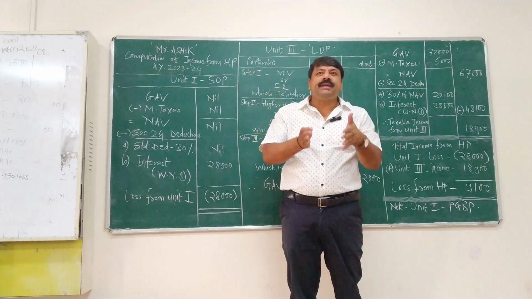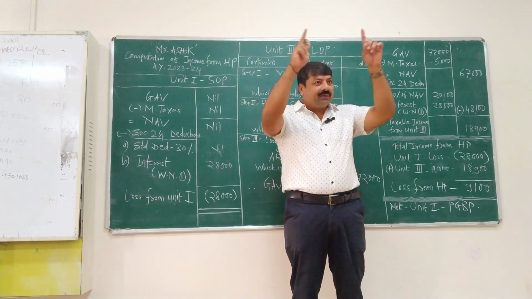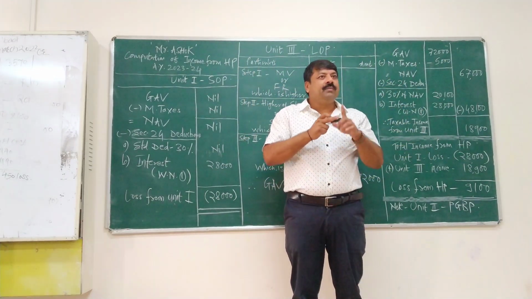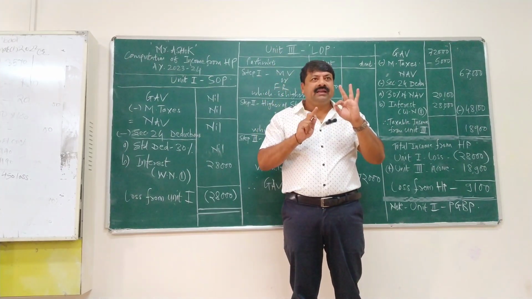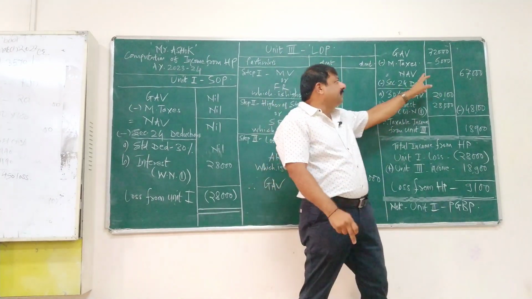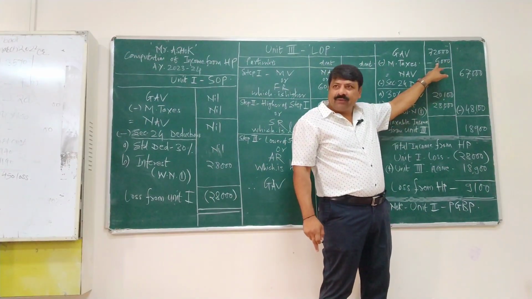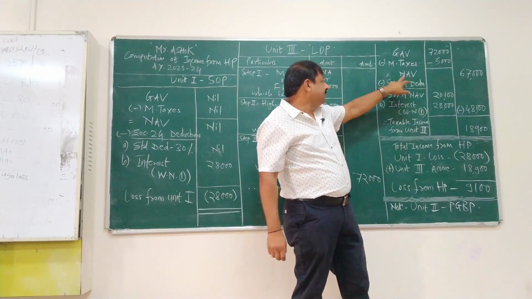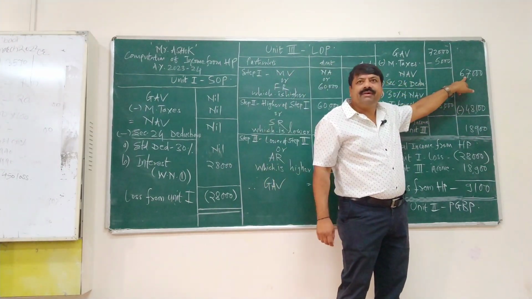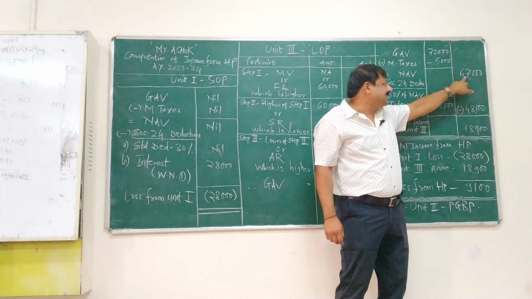Now he has paid 15,000, but 15,000 is for the whole house. How many units are there? 3. So 15,000 divided by 3. 5,000 per unit I have given as deduction. I hope it is understood. Focus. So net annual value is 67,000 after deducting municipal taxes.